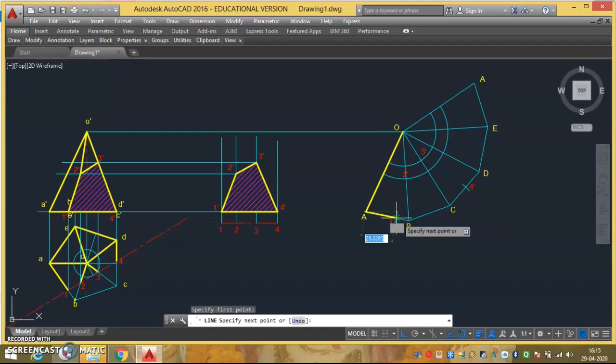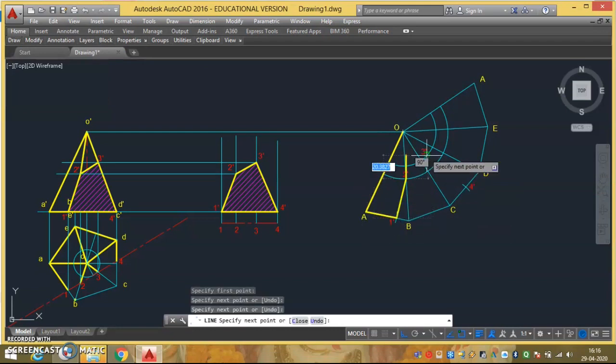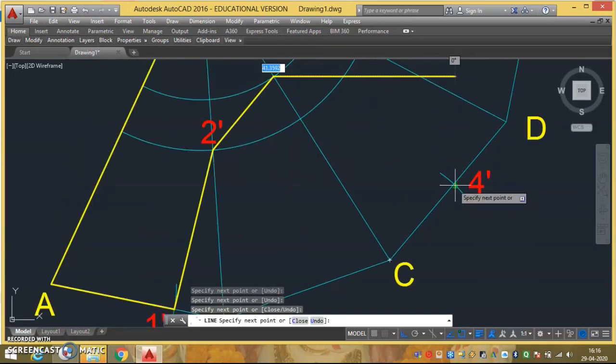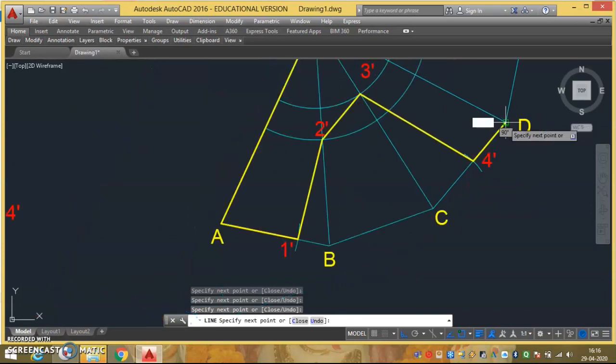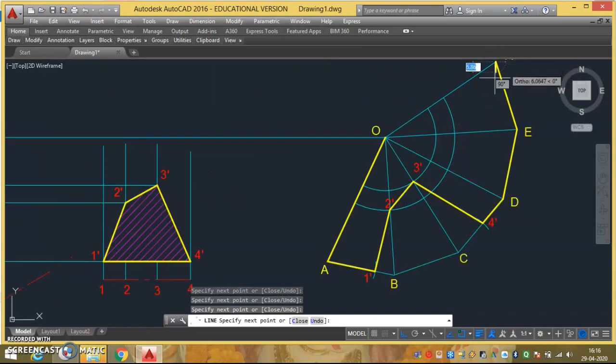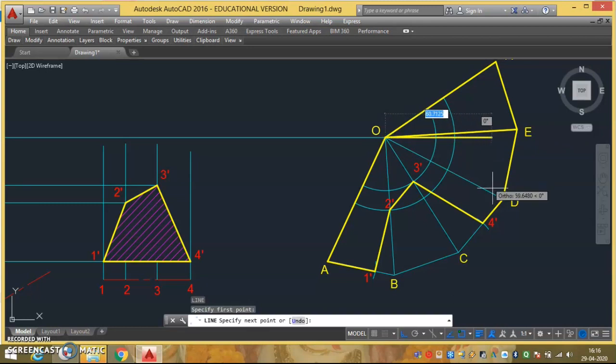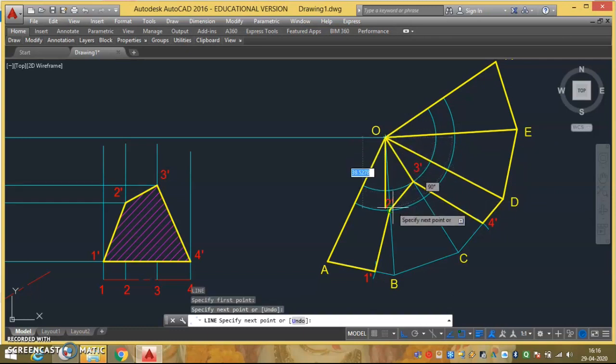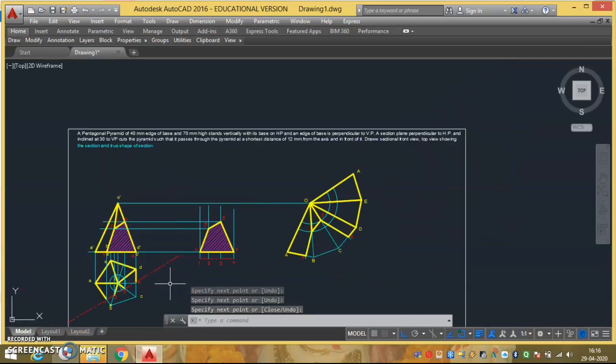So from here to here, to this 2, to this 3, to this 4, to this, to this, to this, then to this, even this I'll join, then I'll join this, then I'll join this as well, and this as well. In this way we will join all the lines.